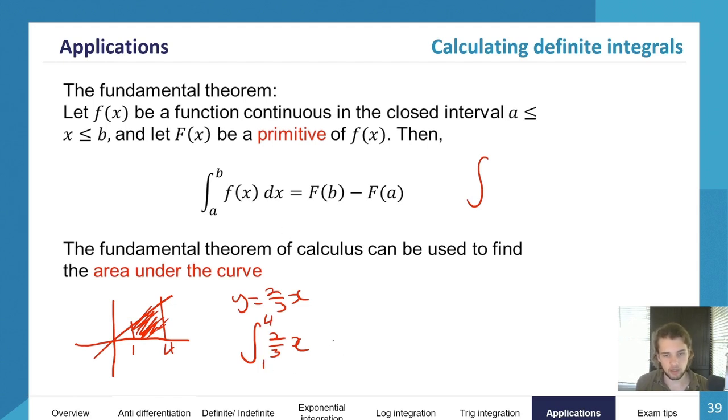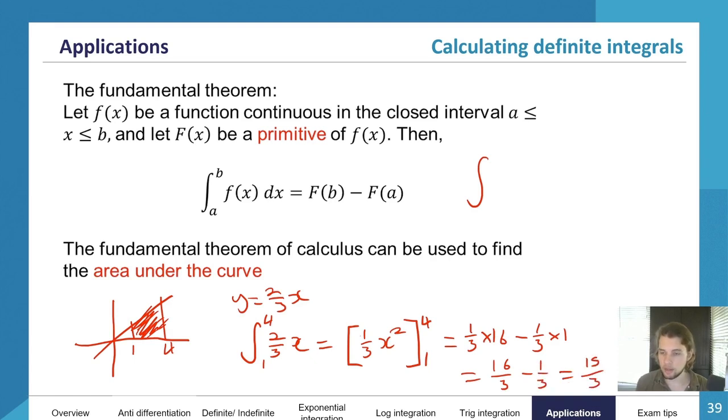It would become 1/3 x² between 4 and 1, which is 1/3 times 16 minus 1/3 times 1, which is 16/3 minus 1/3, which is 15/3, which is 5. So this is our general idea, and this can lead to quite an array of complex questions.